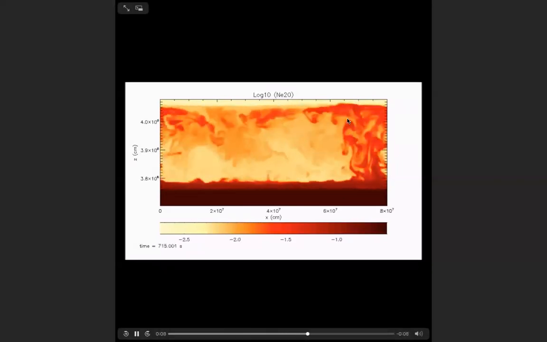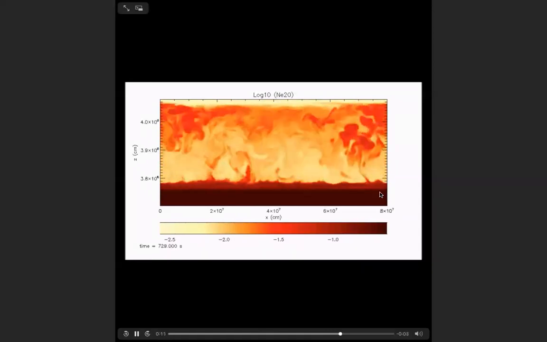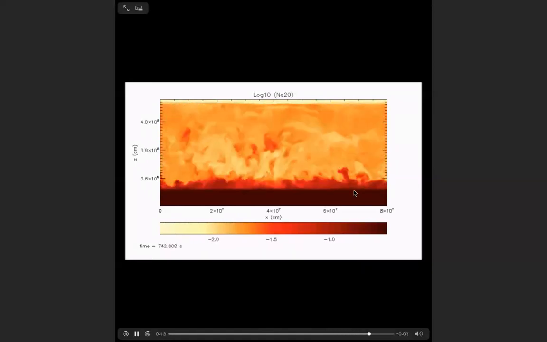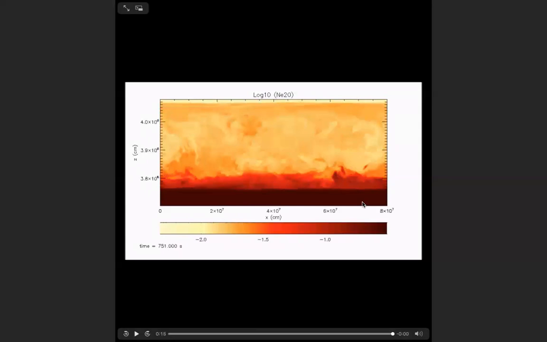You can see this dark red material. This is carbon-rich material from the underlying white dwarf, dredged up by convection and mixed into the hydrogen convective envelope. So this is the simulation.